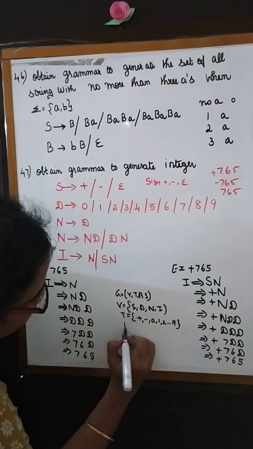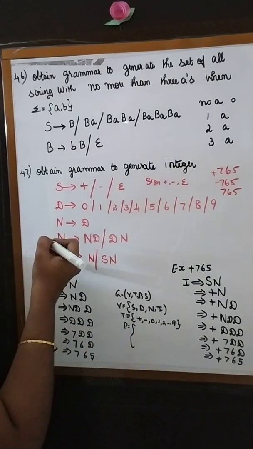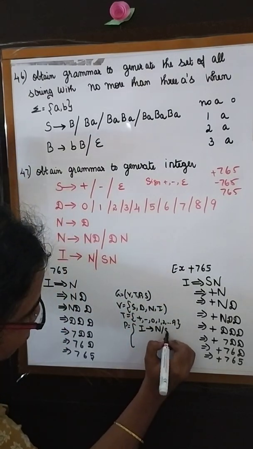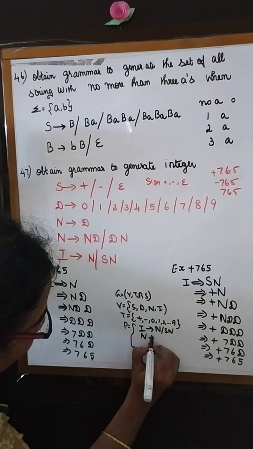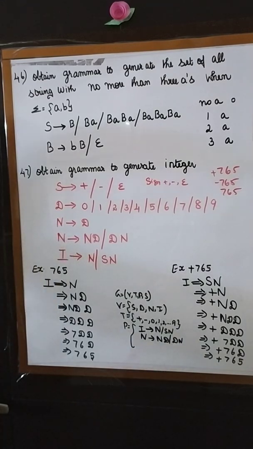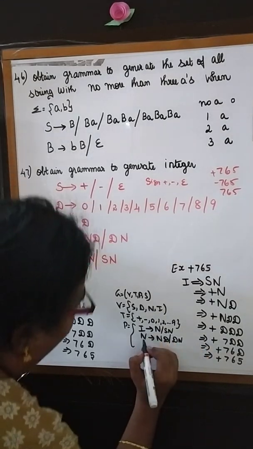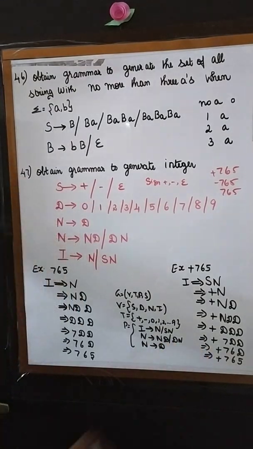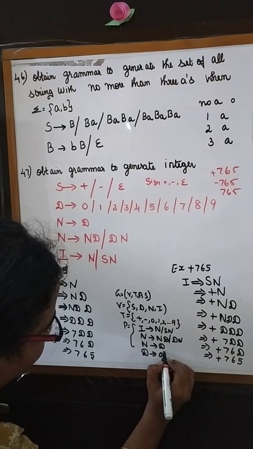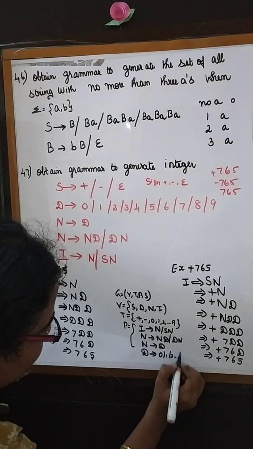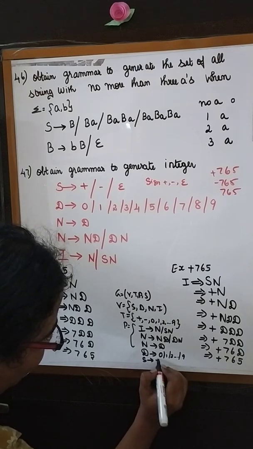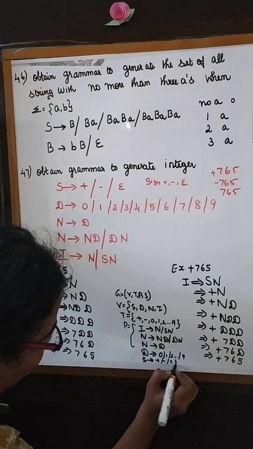Next, my production starts with I, so I will have either the number or signed number. N can have either ND or GN, or otherwise you can write 1D, or in the next step N2D. D is going to have 0, 1, 2, etc. up to 9, and S is going to have plus or minus or epsilon.